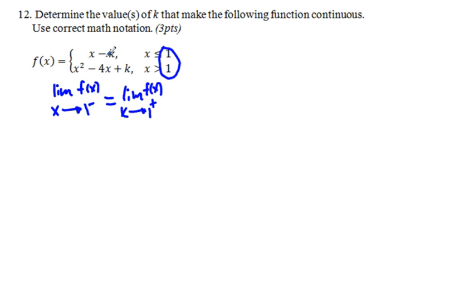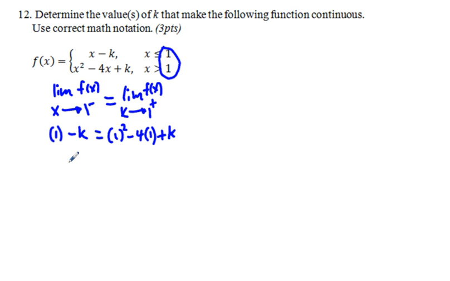And to do this, we're going to say at 1, so we'll say x, which is 1, minus k, and that's our left side, and our right side is x squared, which is going to be 1 squared, minus 4 times 1, plus k.